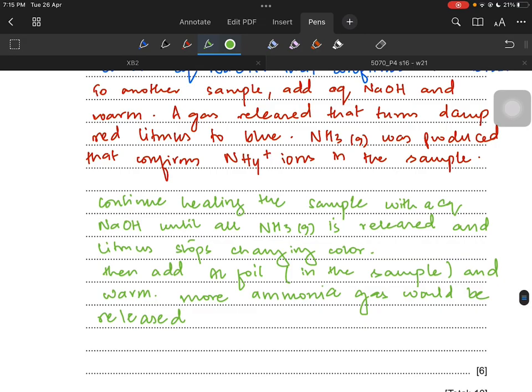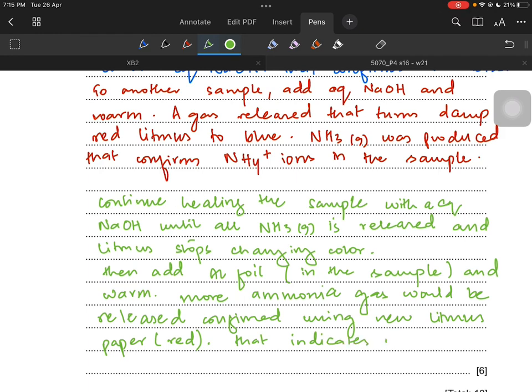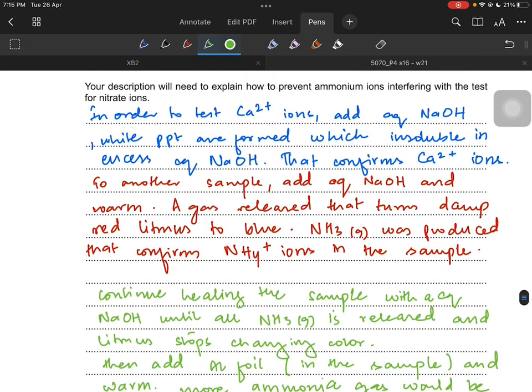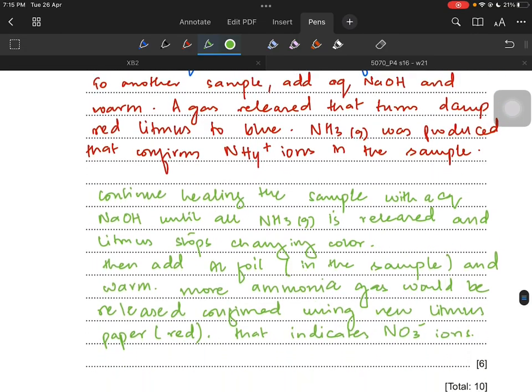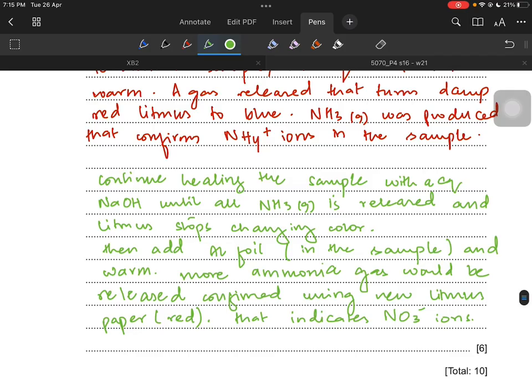So this more ammonia gas would be released, confirmed using new red litmus paper. So that indicates nitrate ions, NO3- ions. So this is how we confirm a test for calcium, ammonium, and then nitrate in the same sample.